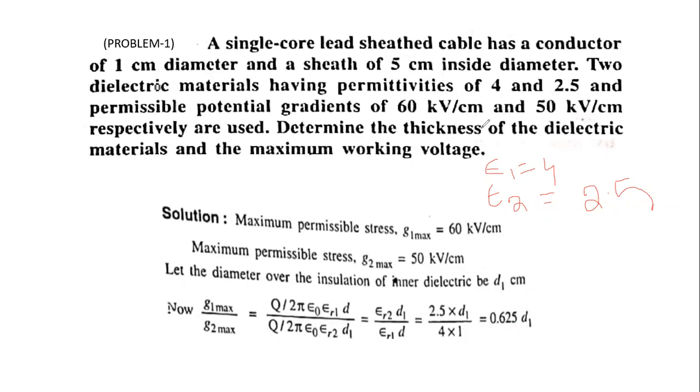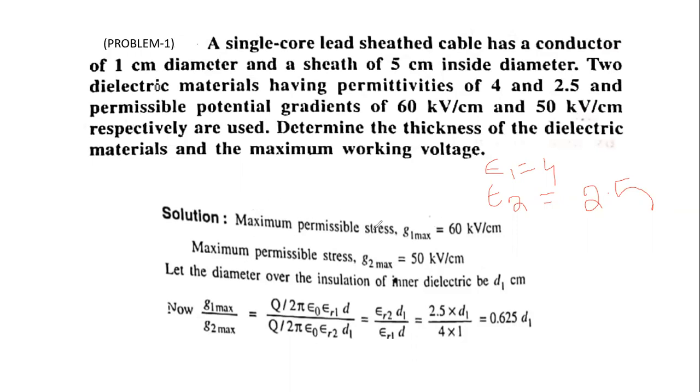That is the maximum permissible stress, G1 max, and the maximum permissible stress G2 max is equal to 50 kilovolts per centimeter respectively. Determine the thickness of dielectric material and maximum working voltage.